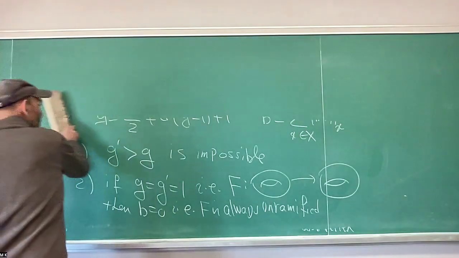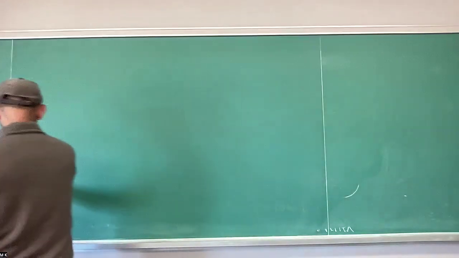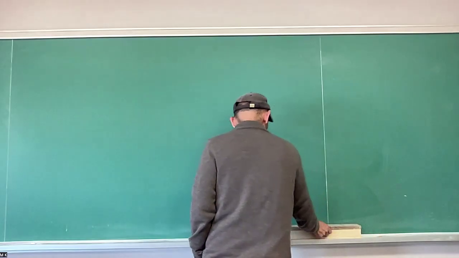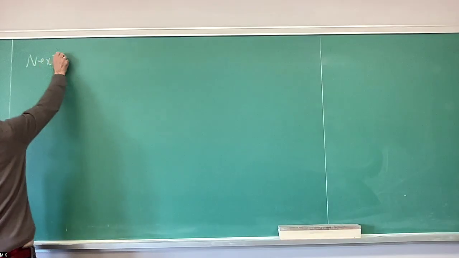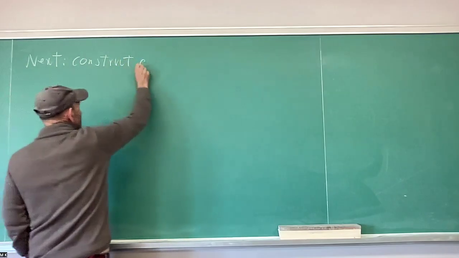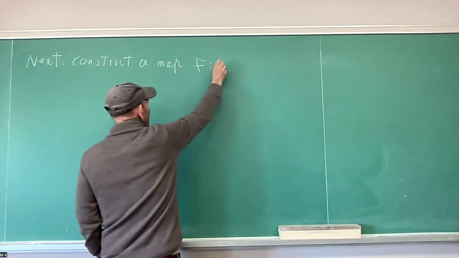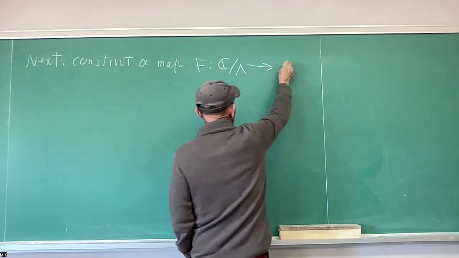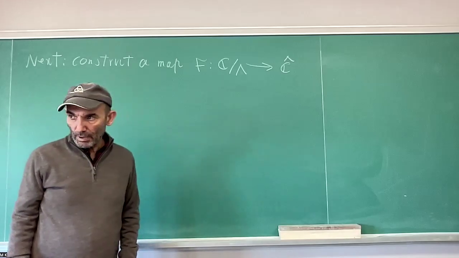So next, we are going to construct a map F from C over lambda to C hat of degree 2.